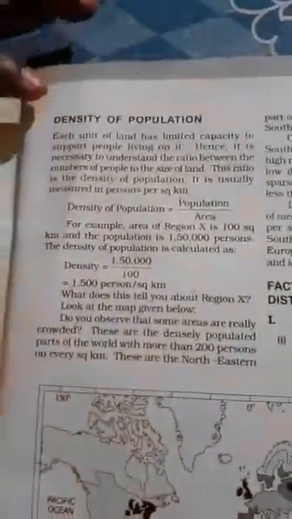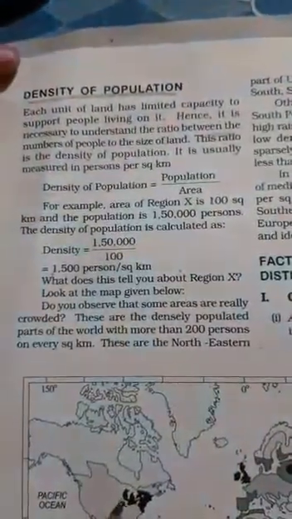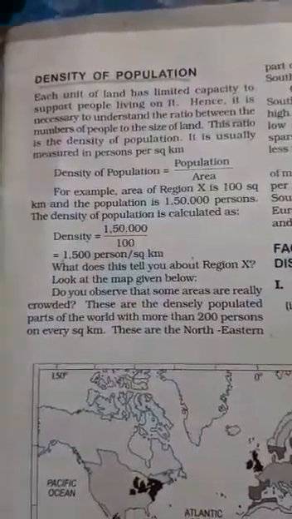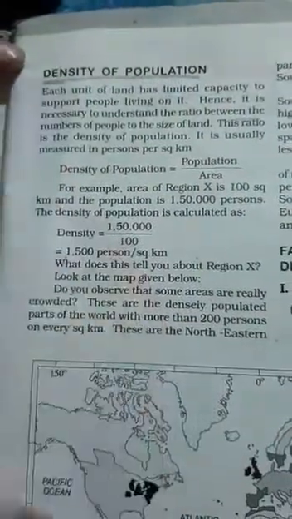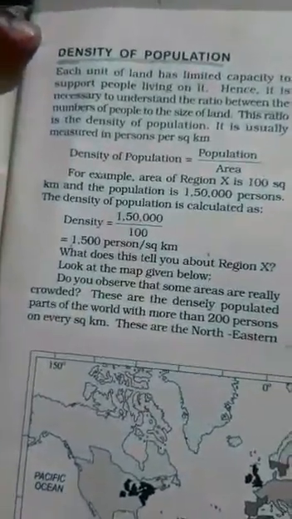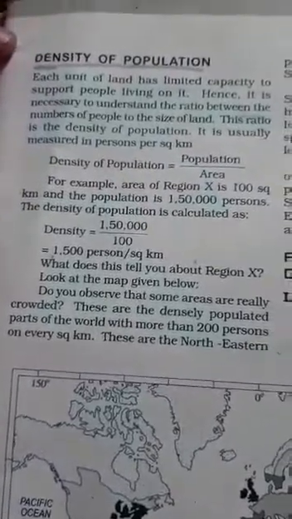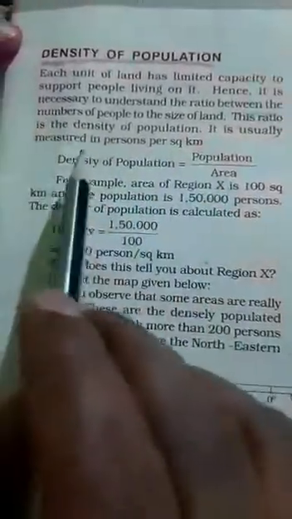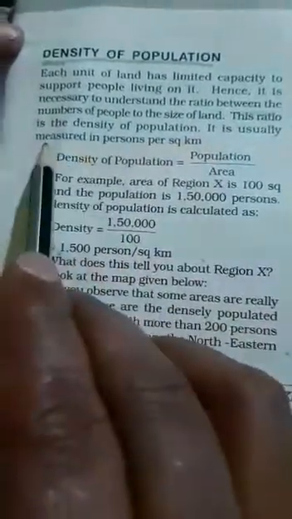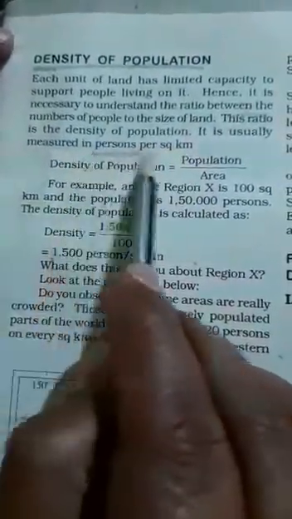Now let's learn about the density of the population. What is the density of the population? Well, you have studied density of population in your previous classes; this concept is related to classes 6 and 7. But despite that, I would like to tell you once again what density is. Well, dear students, density is related to persons per square kilometer.